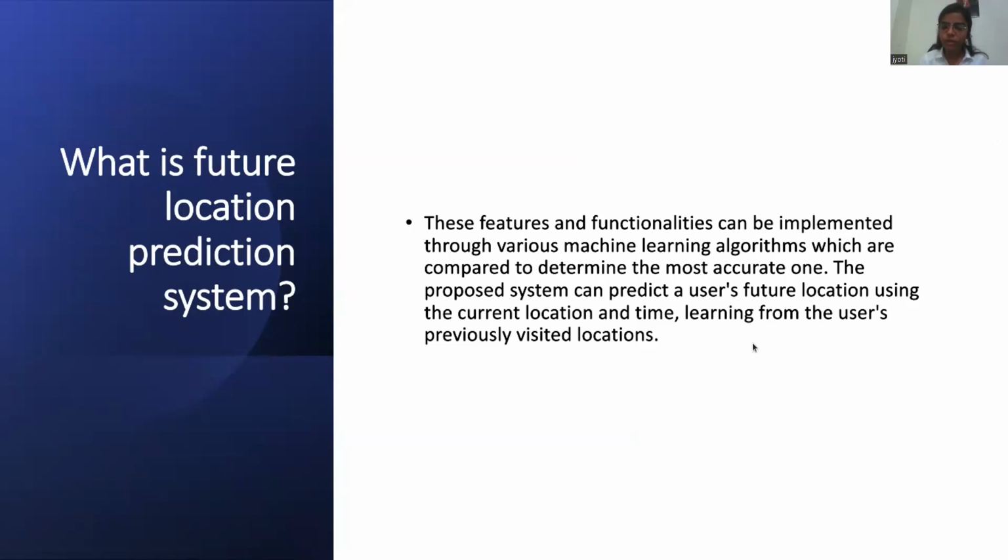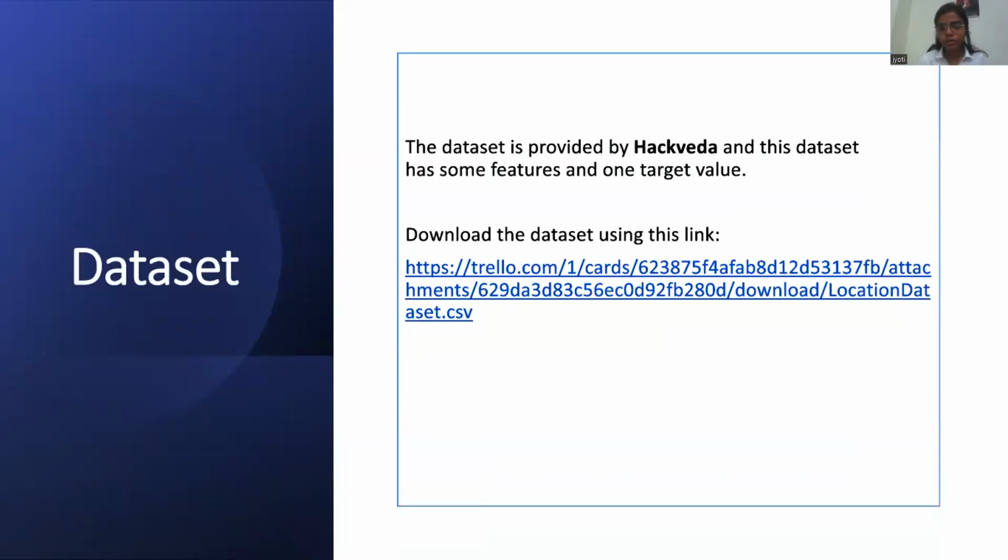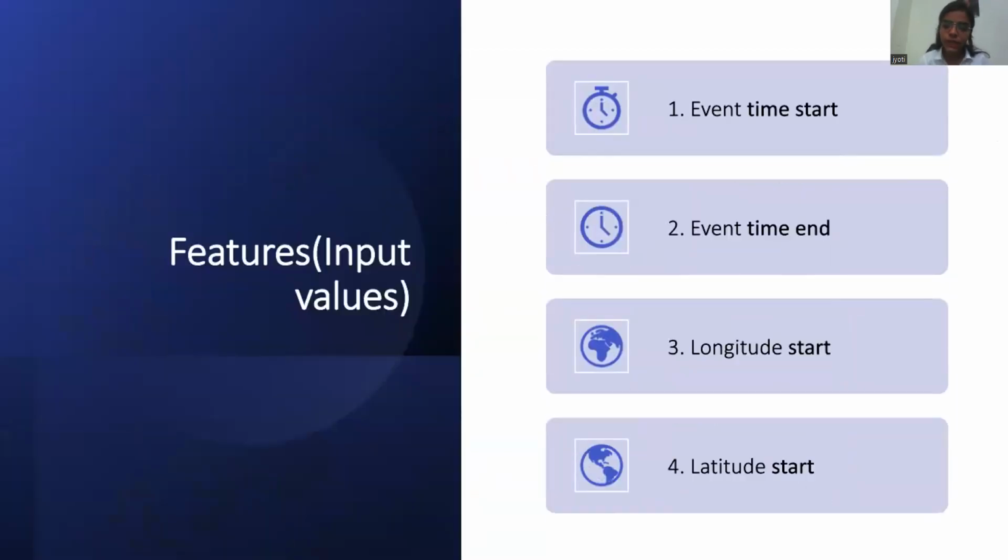We will use a given data set. Hackveda has already provided us a data set, and we can download this data set from the given link. After analyzing the data set, I got some feature values, or we can say input values.